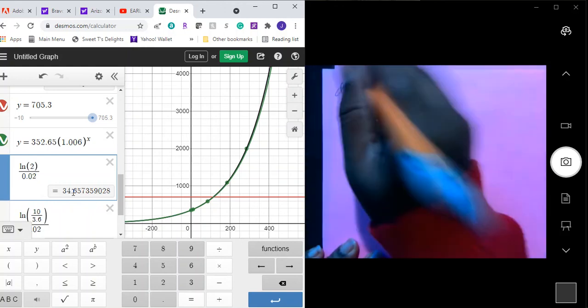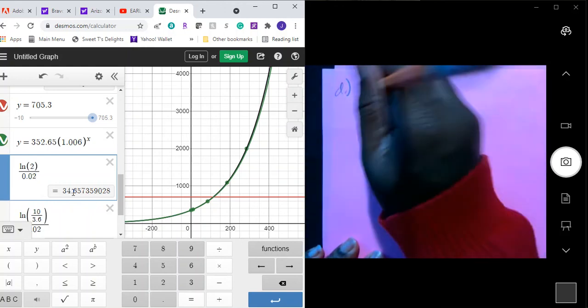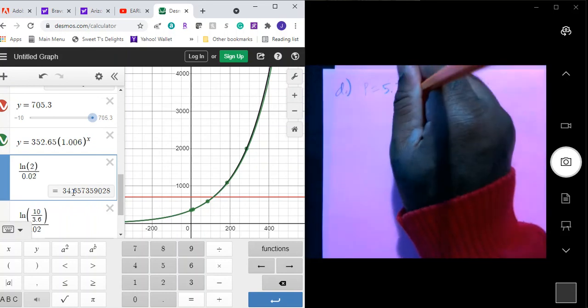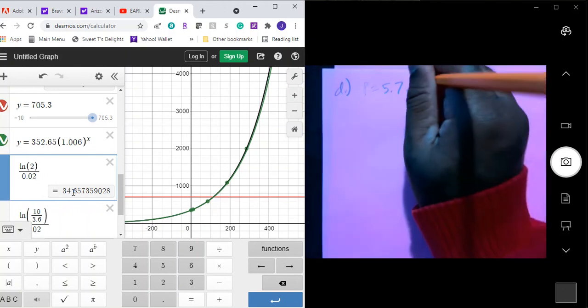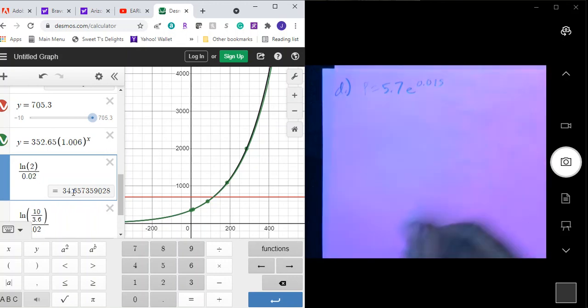So basically, you have P is equal to P naught, which will be 5.7 because that's how much it was in 1995, 5.7 billion, and that was from our previous problem C. Then we would have e, and our k would be that 1.5%, which written as a decimal is 0.015. And then that'll be times t.